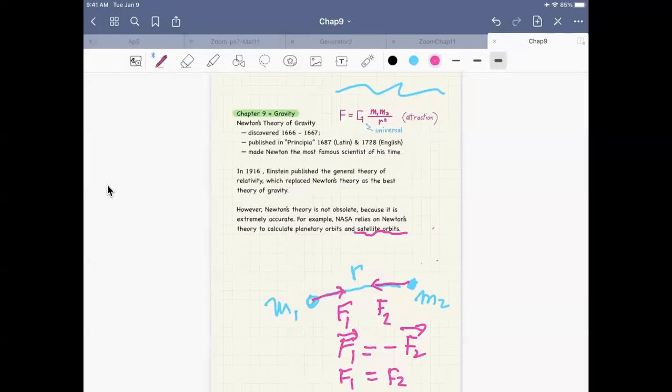It isn't necessary to take Einstein's more perfect theory unless the gravitational force is extremely large, like, for example, the force associated with a black hole, or unless the measurements are being made extremely accurately.